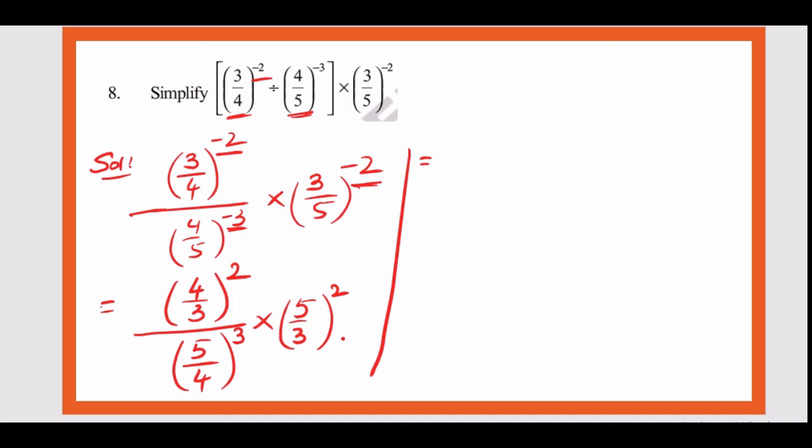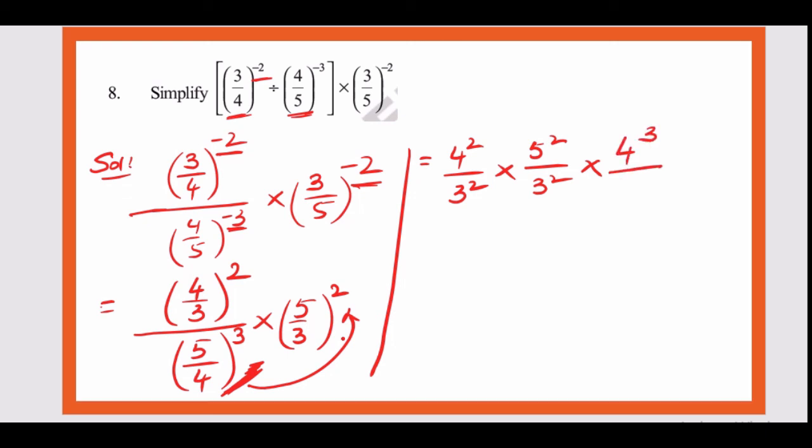Now this (4/3) whole square can be written as 4 square by 3 square in the numerator, right? So I can write in the numerator itself 5 square by 3 square, and the denominator term I am going to bring to the numerator by reciprocating. So this I can write as 4 cube by 5 cube.